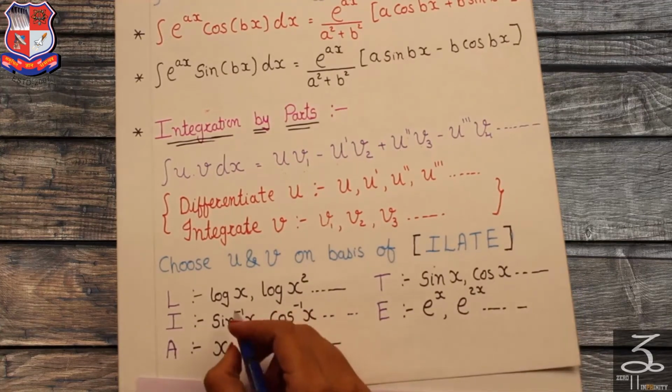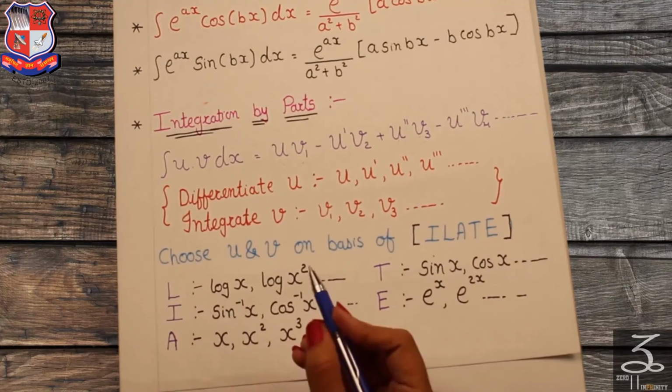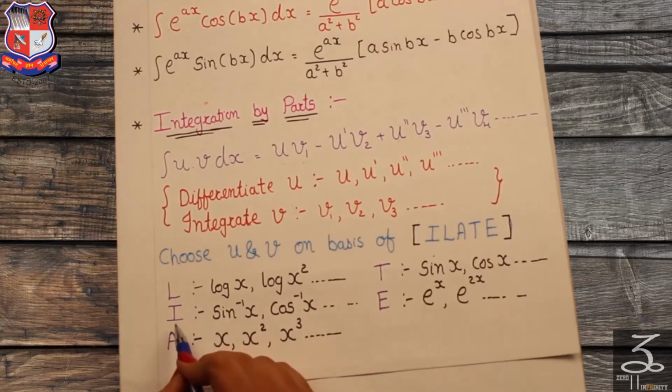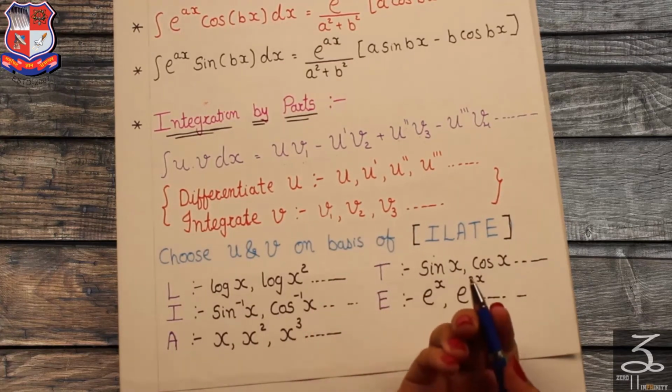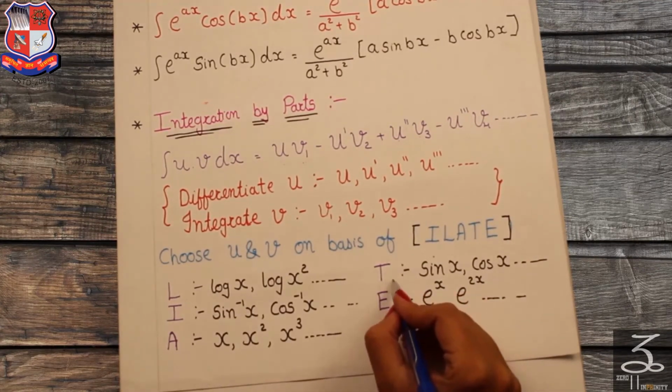Now what does L state? That is logarithmic function, that is log x square, log x cube, and so on. I stands for inverse function, for example sine inverse x, cos inverse x, tan inverse x, and so on. What does A stand for? x square, x cube, x plus 2, anything, that is your algebraic function.